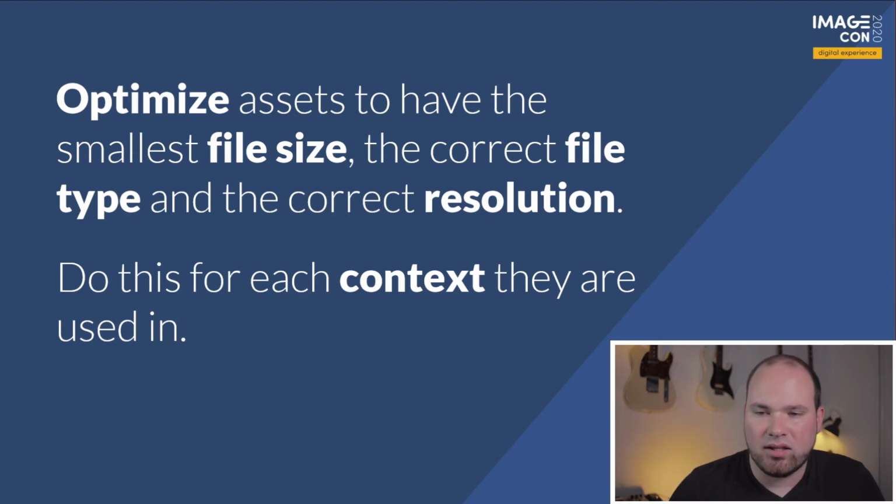This means that if you're on your mobile device, let's say in the Chrome browser, and you want to show an image full width, that means the resolution is around the size of your device. The file type is probably WebP because it's Chrome. And you have optimized it to a certain quality so you don't really see the bad artifacts on your small screen.